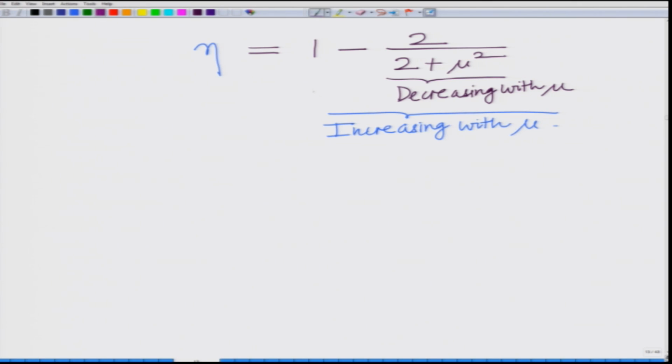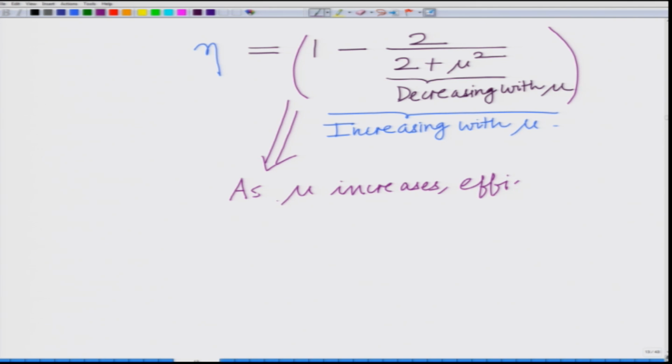So, now you observe this implies as mu increases, the efficiency eta of the AM signal increases.